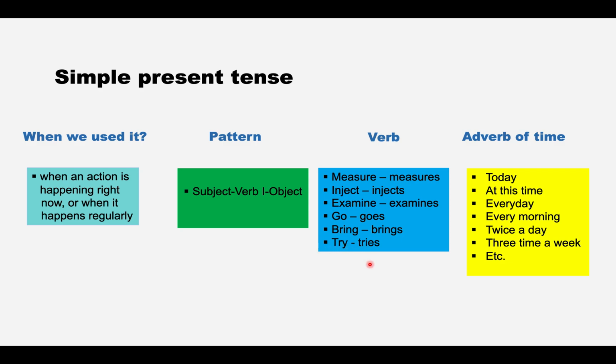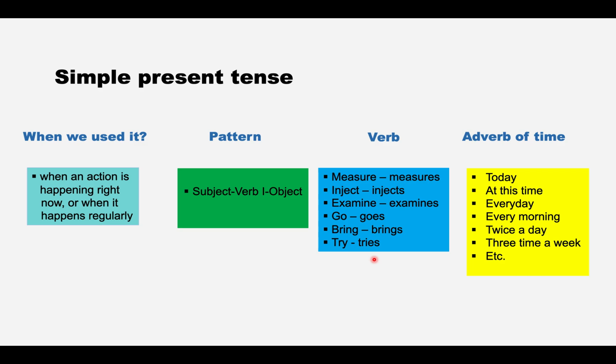And what verb is used in the simple present tense? We use verb 1. For verb 1 we have verb 1 with s and verb 1 without s. When we use verb 1 with s and without s, it depends on the subject, or the number of the subject. When the subject is single, we use verb with s.